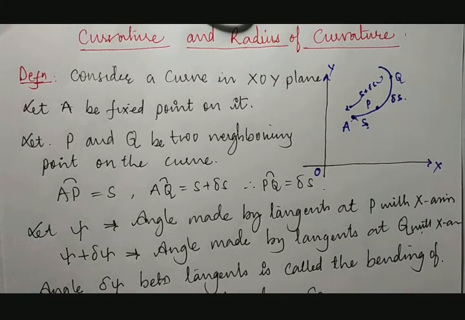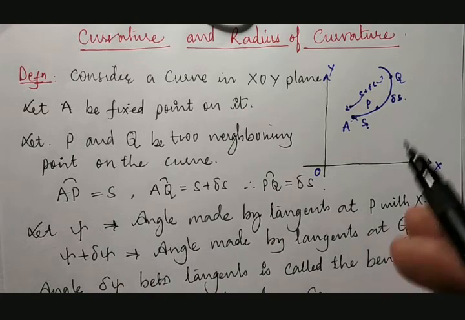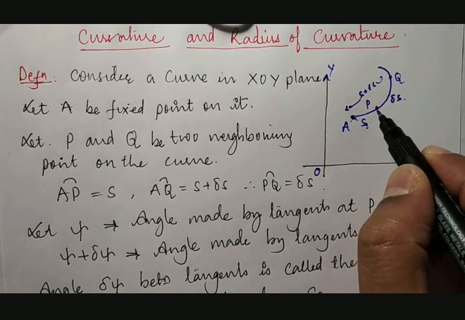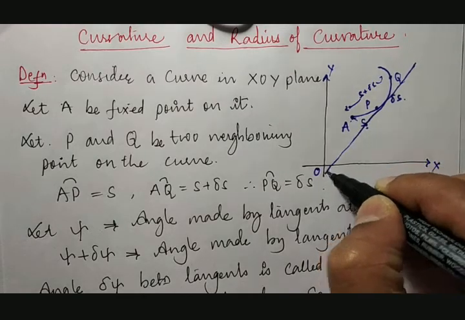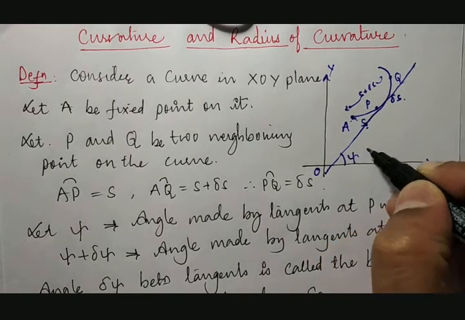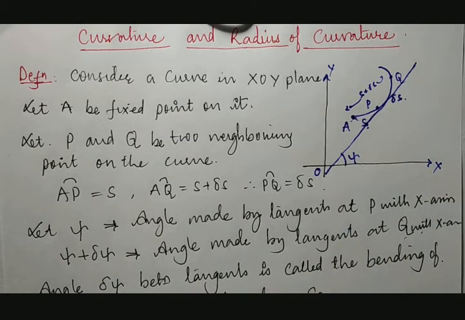Then what we need to calculate here? Let psi be the angle made by the tangent at a point P with the x-axis. If I take a point P here, and draw a tangent at this point P, I call the angle psi, because we know that psi is the angle between a tangent and the initial line.